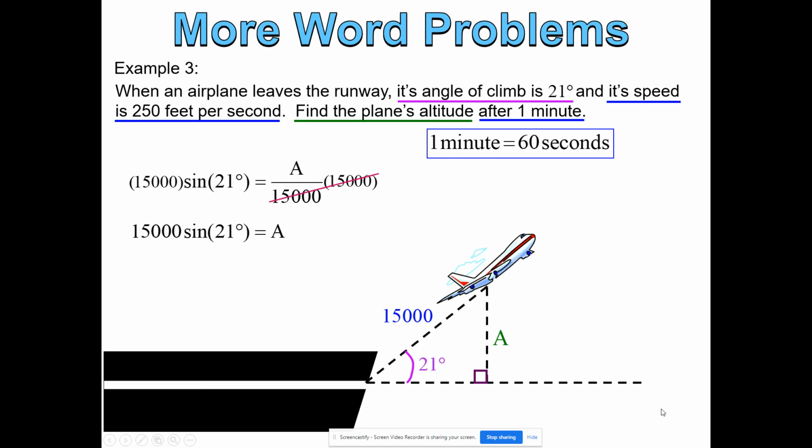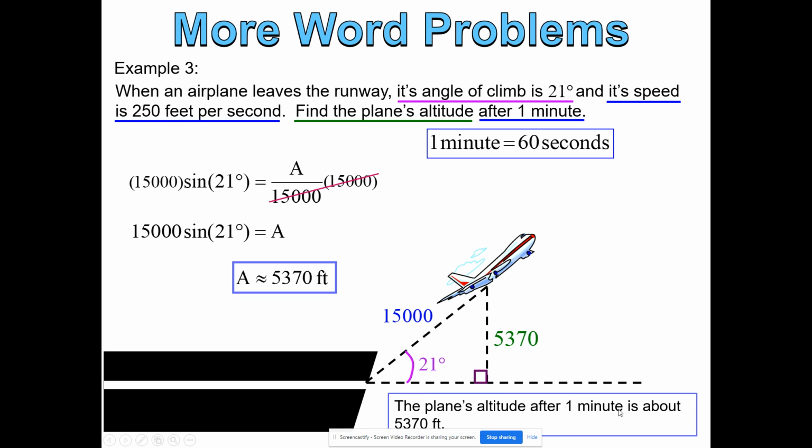We end up with 15,000 times sine of 21 degrees, which is about 5,370 feet. Which we just learned from the previous example would be a little bit bigger than a mile, because a mile is 5,280 feet. So the plane's altitude after 1 minute is about 5,370 feet.